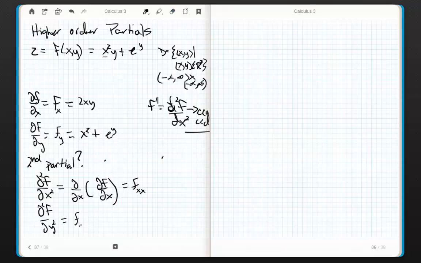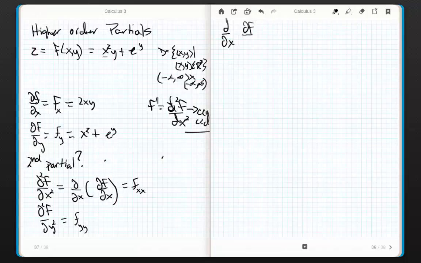I should be saying partial, but I am going to interchange those a little bit because you are taking derivatives. But can you also see that I can take the derivative with respect to x of the derivative that we already took, the partial derivative with respect to y? And what would that give me? If I'm looking at higher order, what would that look like? And that's where it gets really crazy, isn't it?